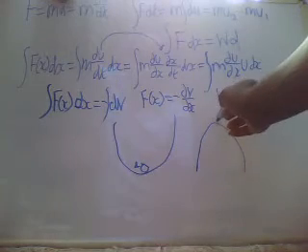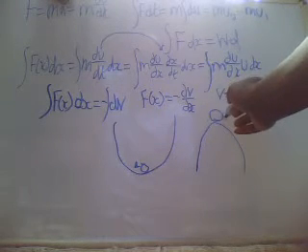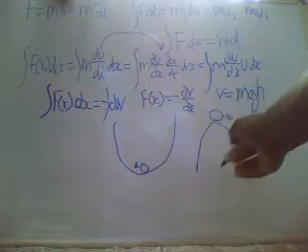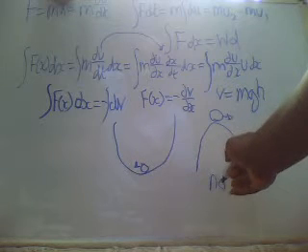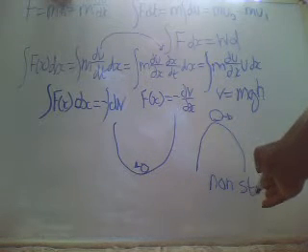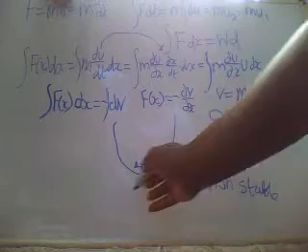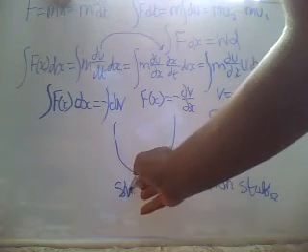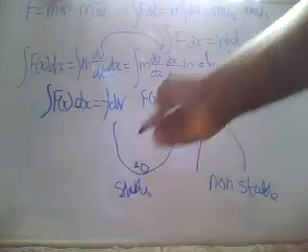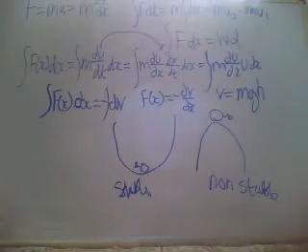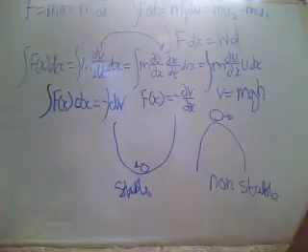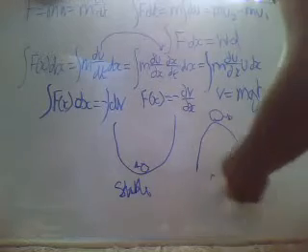Whilst if it sits on top of something, if you give it a small push, it will fall off. So this is non-stable. This is stable. Because here the equilibrium is stable, here the equilibrium is unstable. That's very obvious. Don't need to spend long on that.